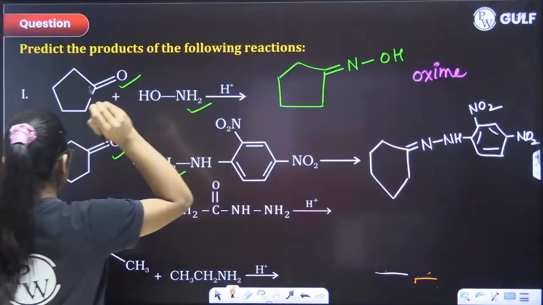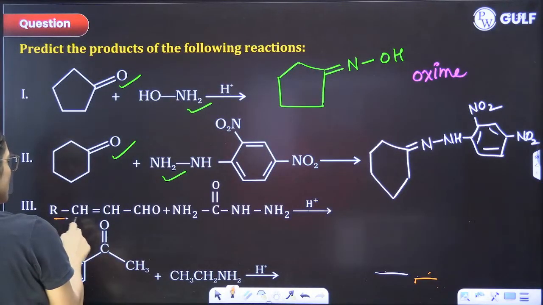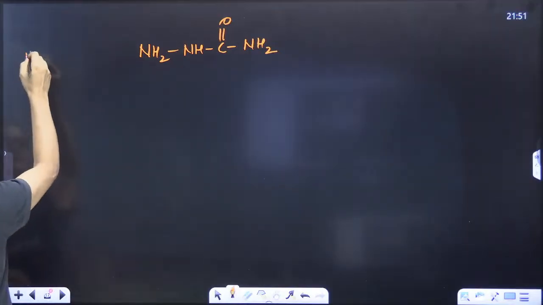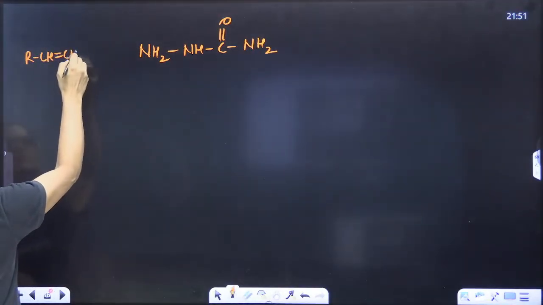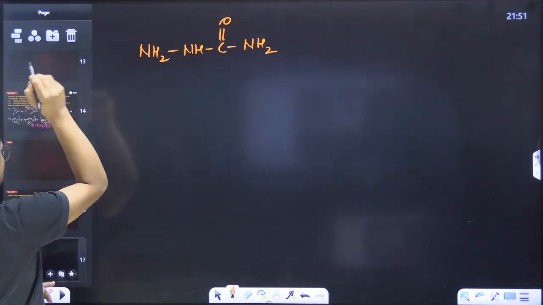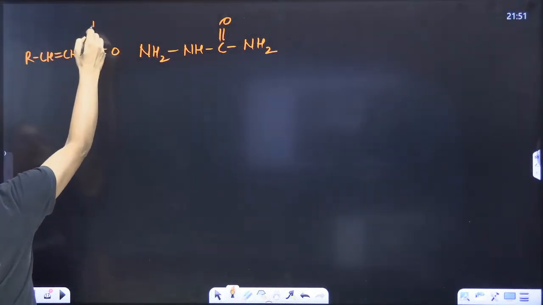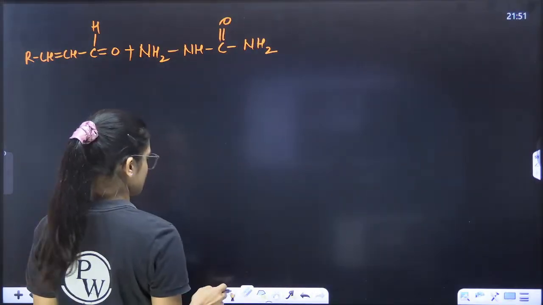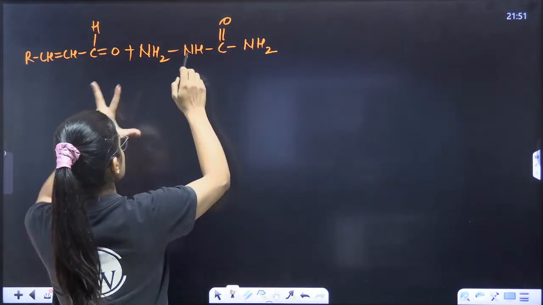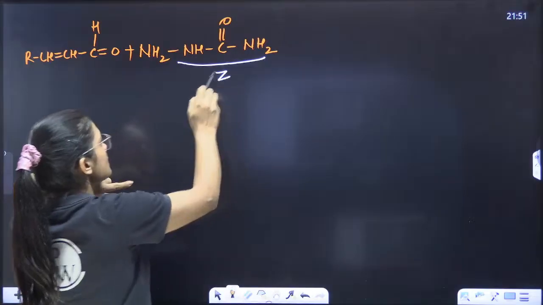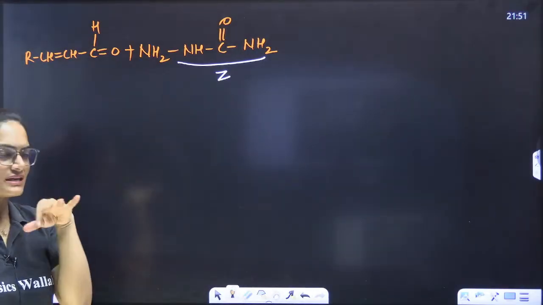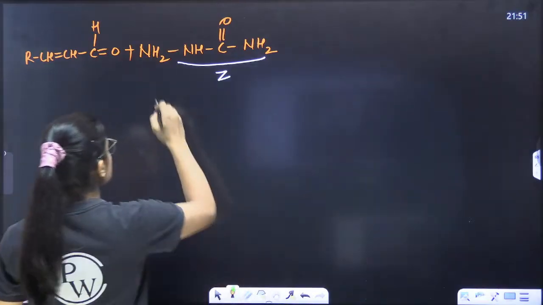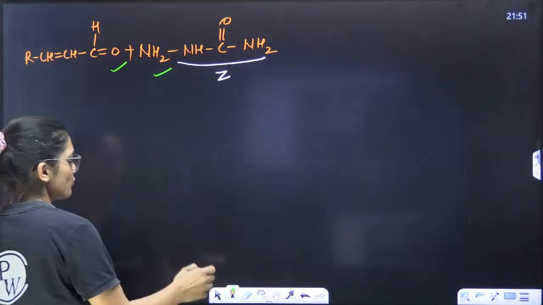You are carrying out its reaction with what? RCH double bond CH, single bond CHO. This is again an ammonia derivative, wherein in place of hydrogen you have this Z. So please keep in mind, again rapid dehydration will take place over here: H2 from here and oxygen from here, water will be removed.